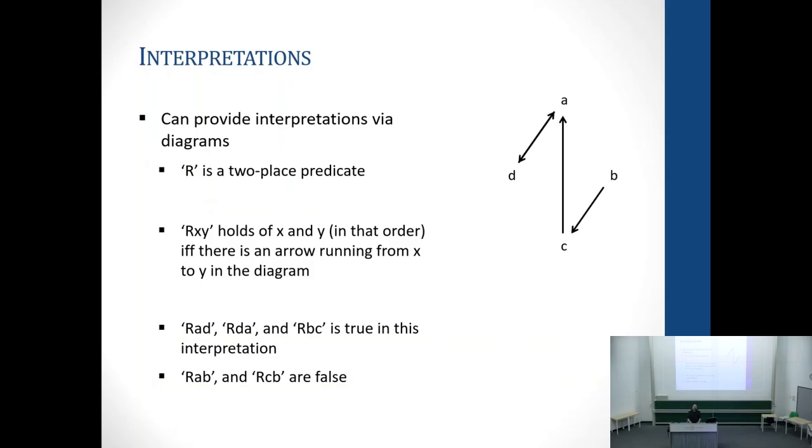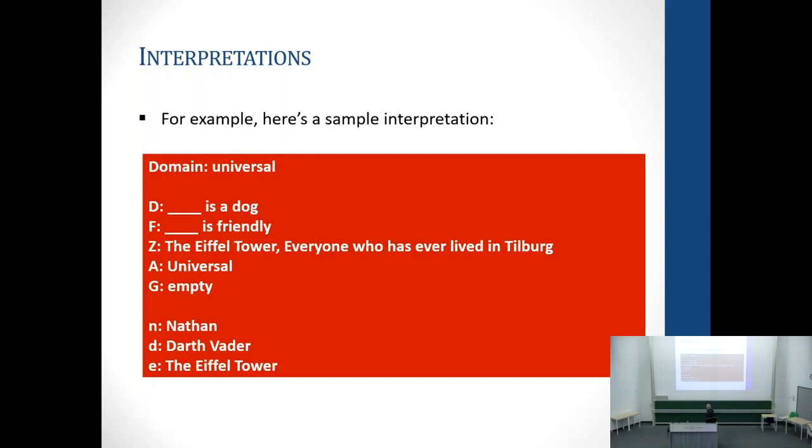Importantly, when I ask you questions about constructing your interpretations, you can do either one. Draw the diagrams if you find it helpful, or write out the interpretation if you find that easier. Whichever one is fine, if it's appropriate.